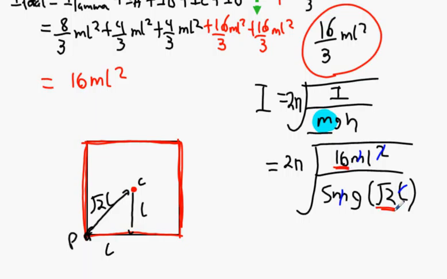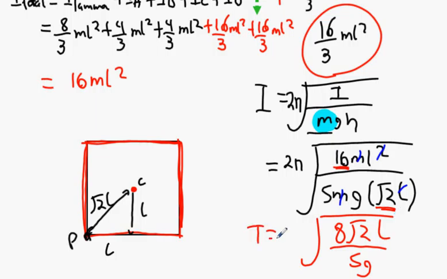Divide one of them by the other and you'll get 8 root 2 in the middle. So 8 root 2 L all over 5G, square root it. Everybody right with that? QED.